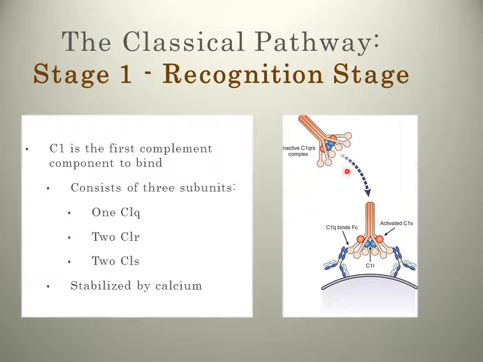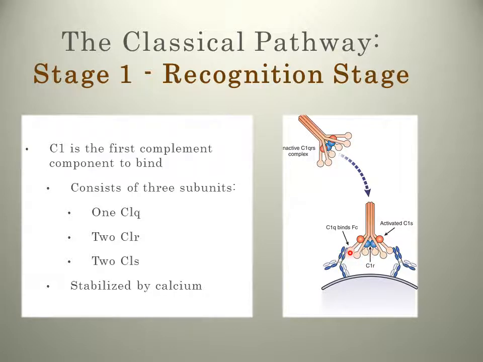Because of that, this circulating molecule known as the C1 complex comes down, and C1 is made up of three components: C1q, C1r, and C1s.